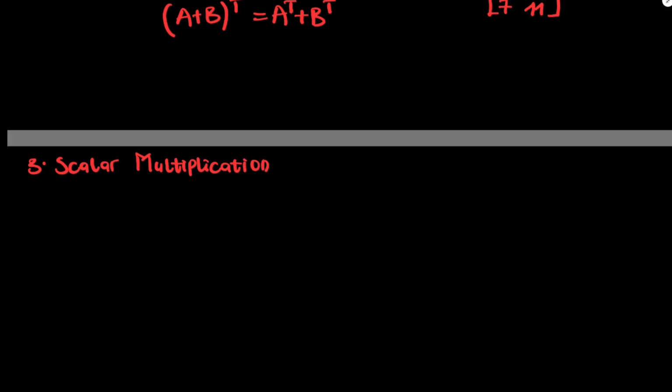So this property says if we have a scalar and we multiply it by a matrix and then we take the transpose, it is the same as the scalar multiplied by the transpose of that matrix.